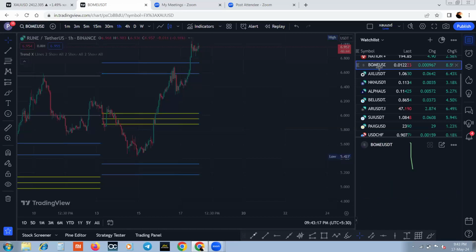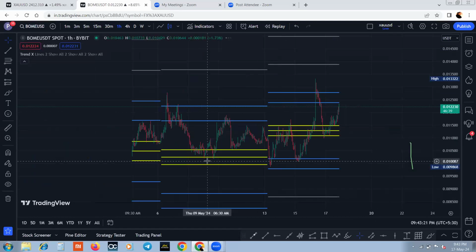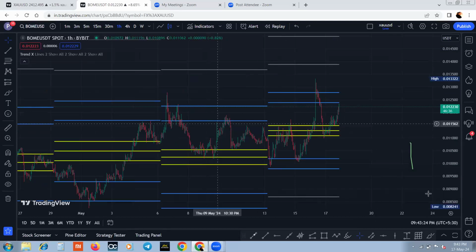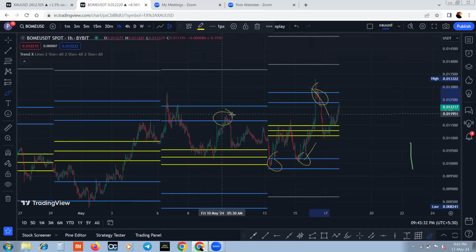Okay, let's see this. See, every time above weekly or below weekly, the target is achieved, right? You can see this target. Why is market reversing from here? It's coming back from here. It's taking resistance here, support here.